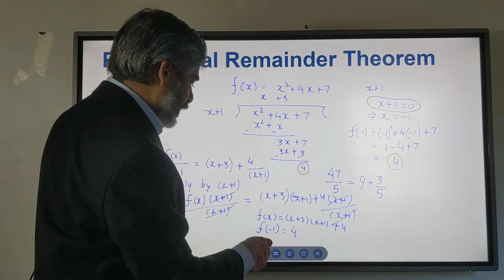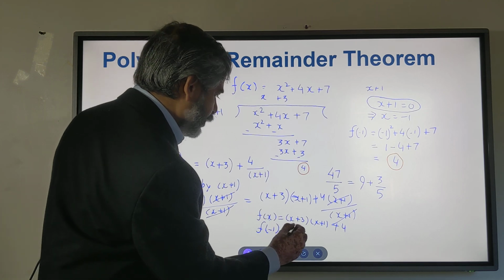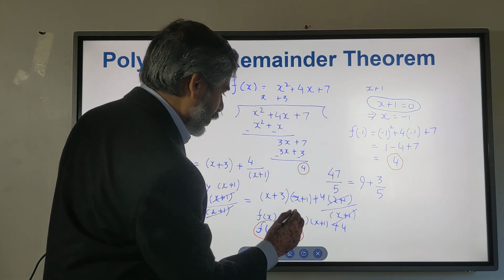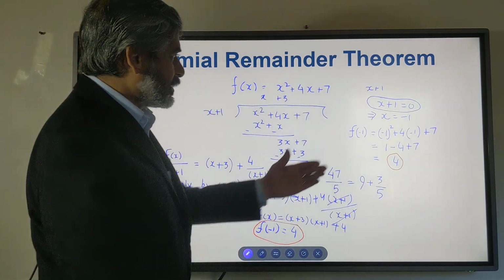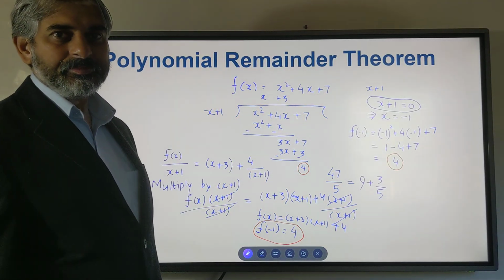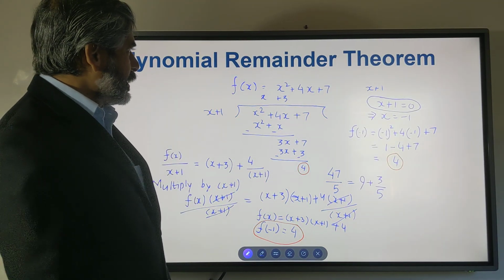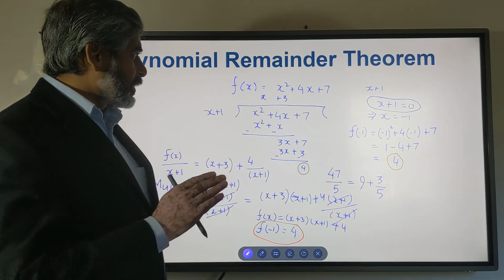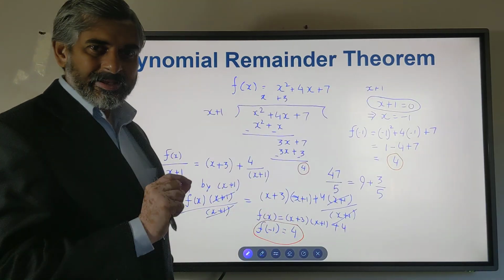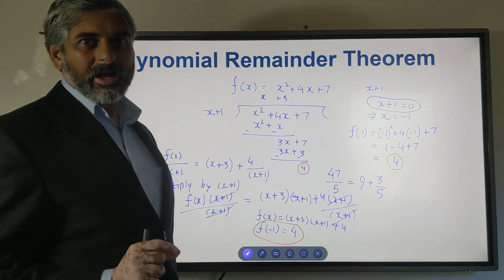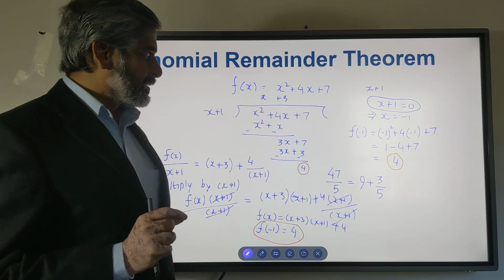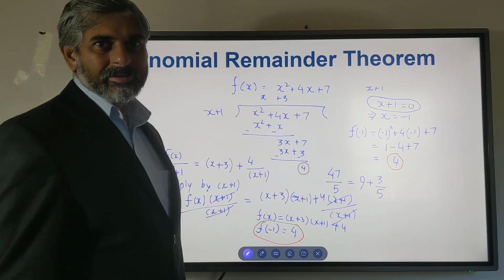So what it is saying is that f of minus 1 is 4, and this is the result that we got here. I would urge you to go through this exercise, write it down one more time on paper with a pencil, and you will understand it better.